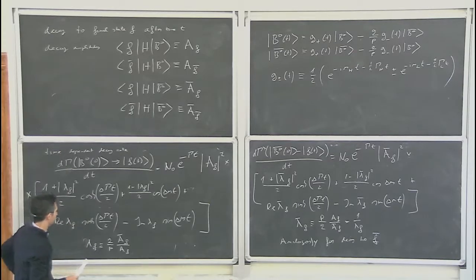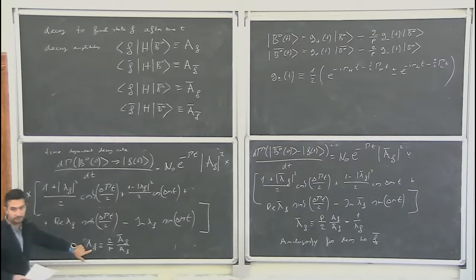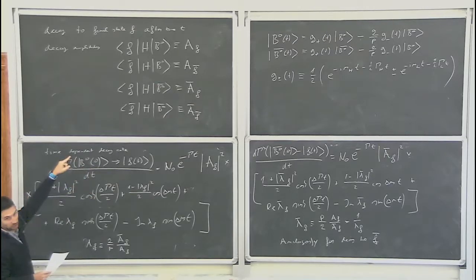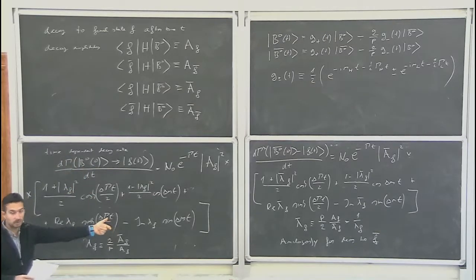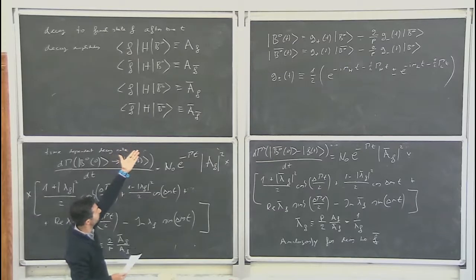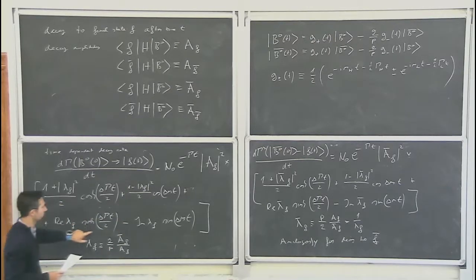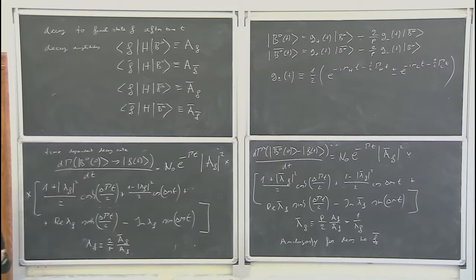The terms proportional to lambda f squared parameterize the cases where a B naught evolved to a B naught bar and then decayed, because it's parameterized by the A bar f decay amplitude. So these are these two first terms. Then we have two additional terms which parameterize the interference between these two possibilities. Okay.